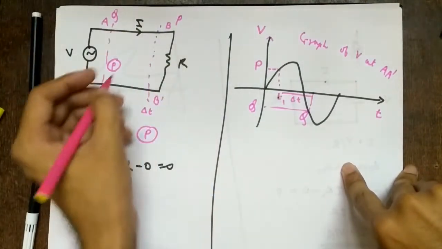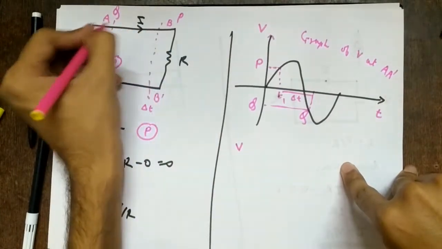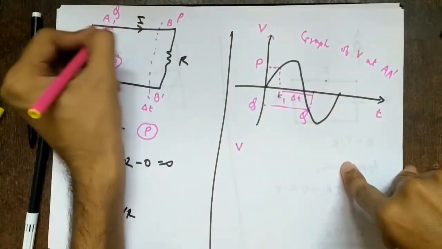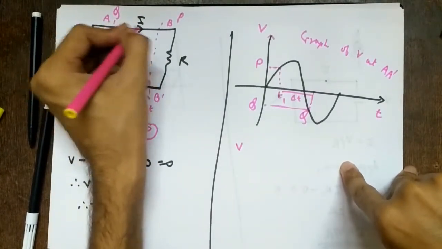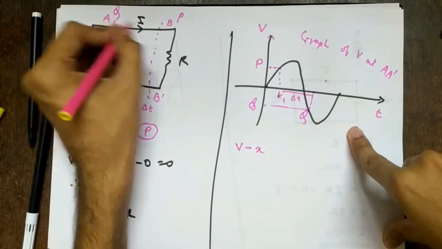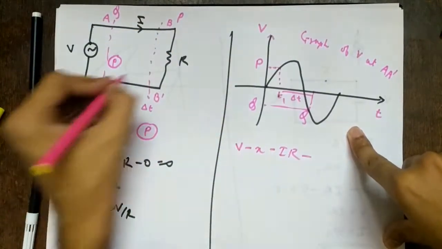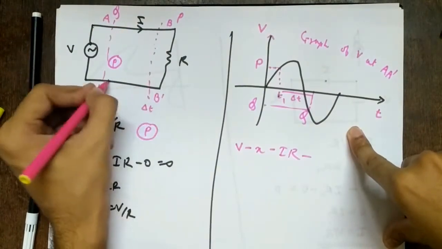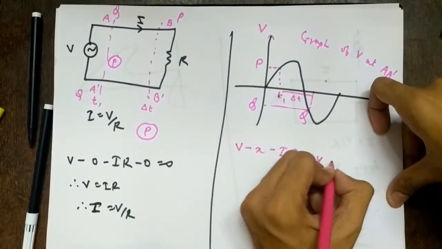So if I try to apply KVL now, what will happen? Again, I'll have the voltage V. Initially there was no voltage here, so we wrote it as 0, but now there is some potential difference, so we cannot say it is 0. Let's say that potential difference I write as X, so I get V minus X. Then what is the drop here? Same as before. Similarly, since there is a drop here, I can have a drop here also, same or different.